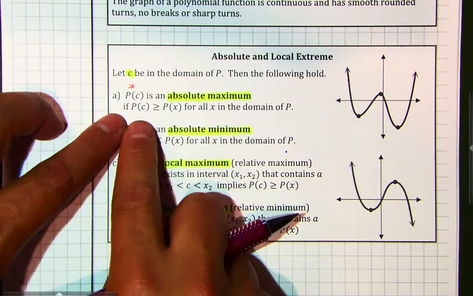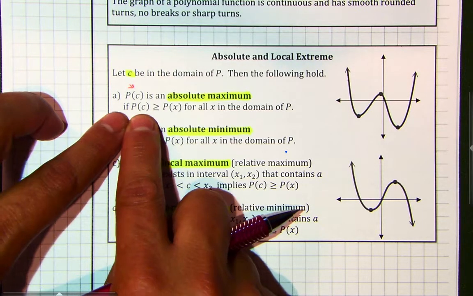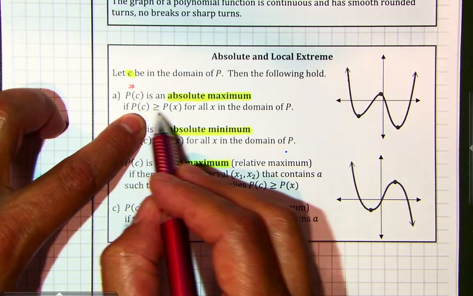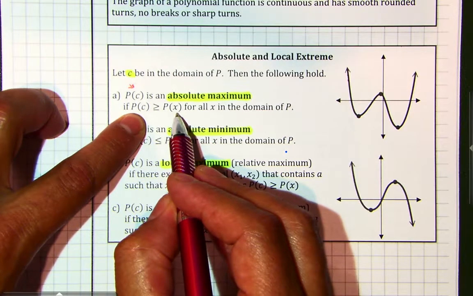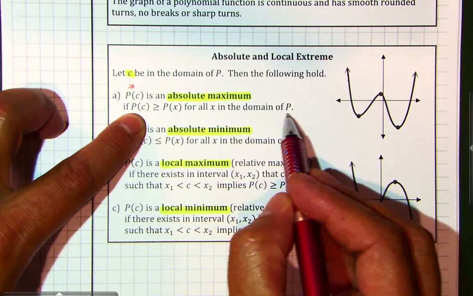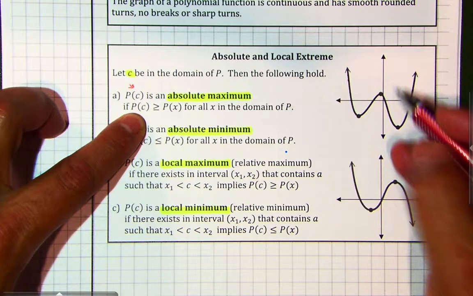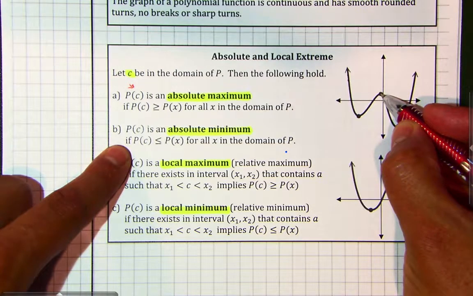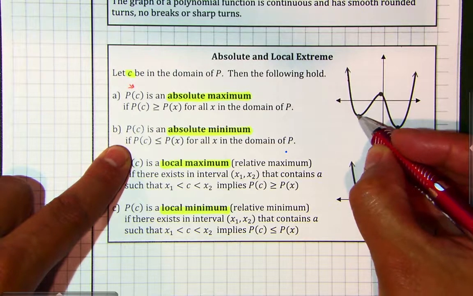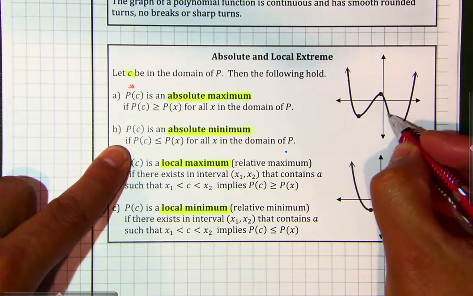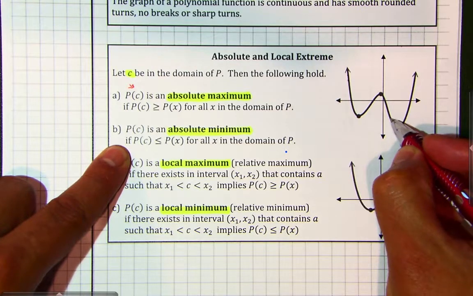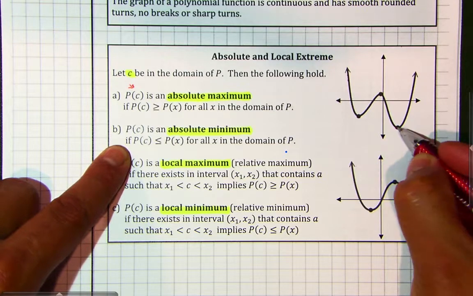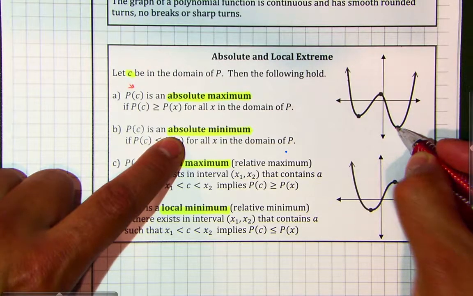And that's what it says: P of c, the y value for c, when you plug in c, has to be greater than all the other y values of x in the domain of P. So therefore, this is not an absolute maximum. The same goes for the absolute minimum. This is not the absolute minimum because there are other points that have lower values, such as this one. So therefore, this one is the absolute minimum.